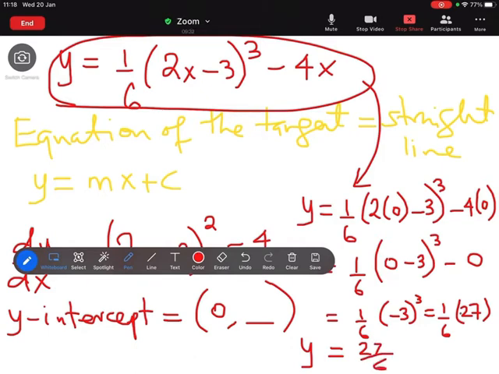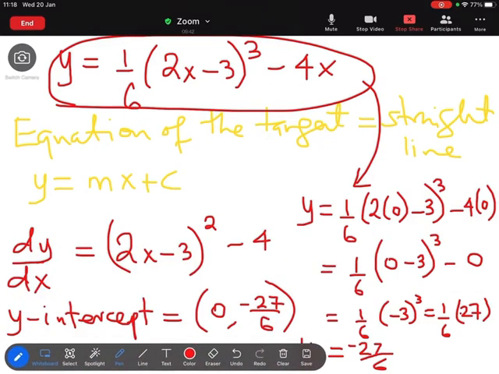So the y value, or the y-intercept, is going to be negative 27 over 6, because this will be negative.